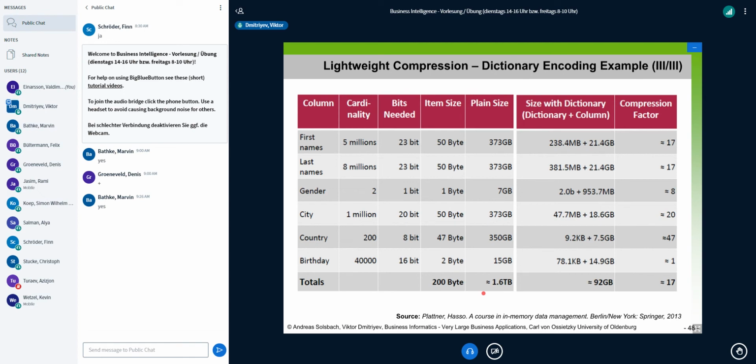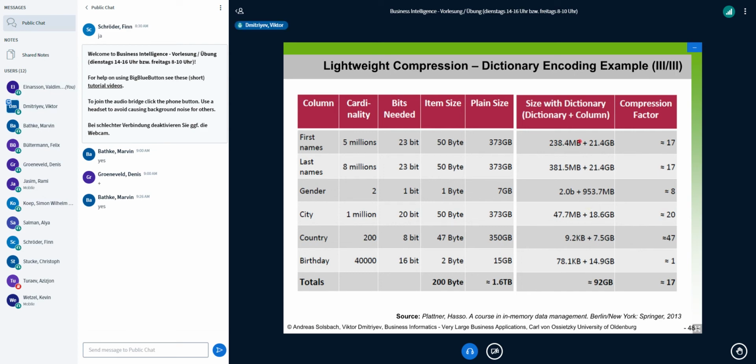So it's against GDPR. It's irrelevant. It's just a thought experiment. And now you apply the dictionary encoding, and you get almost, I would say, 70 times less space occupied just by applying the dictionary. You can figure it out.